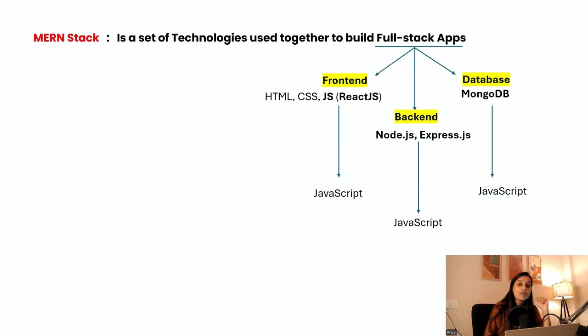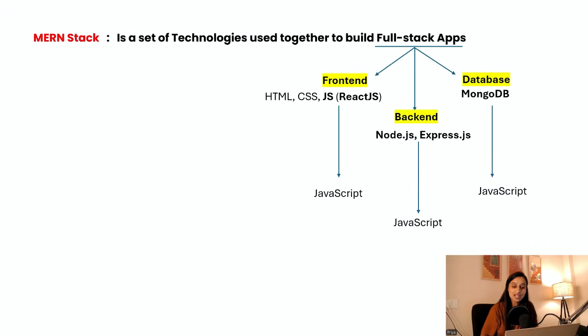To work with MongoDB also, you should have the knowledge of JavaScript, because MongoDB stores the data in JSON. We can say MongoDB also uses JSON objects to store the data. So the base language for React.js is JavaScript, for Node and Express, JavaScript, for MongoDB, JavaScript. If you are building a web application using MERN stack, the base language for the entire MERN stack is JavaScript only.